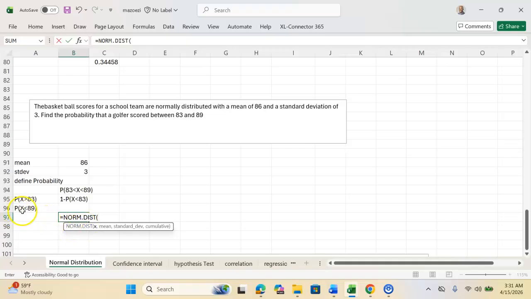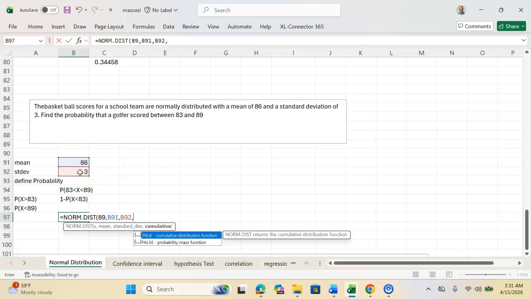Now we're going to take the large one minus the small one. So x value will be 89, and then the average will be 86. Standard deviation will be 3, and this will be cumulative.